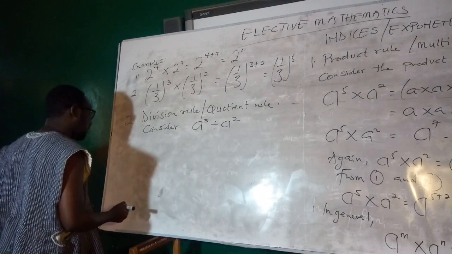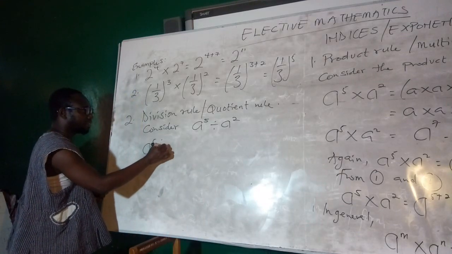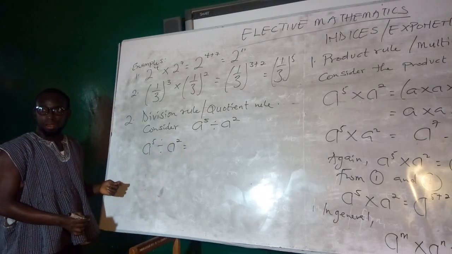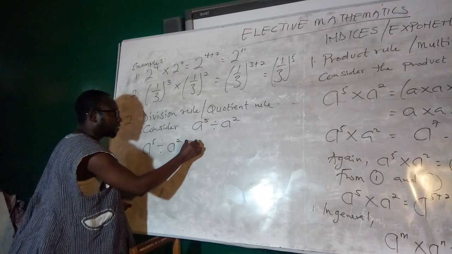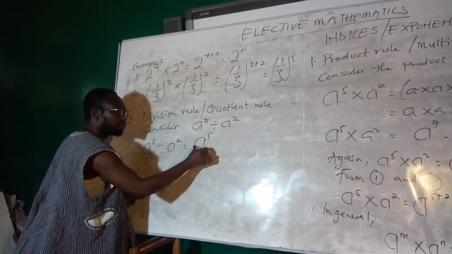So now let's write this in expanded form. So we write a raised to the power of 5 dividing a raised to the power of 2. Now you know that this can be written as a raised to the power of 5 over a raised to the power of 2.